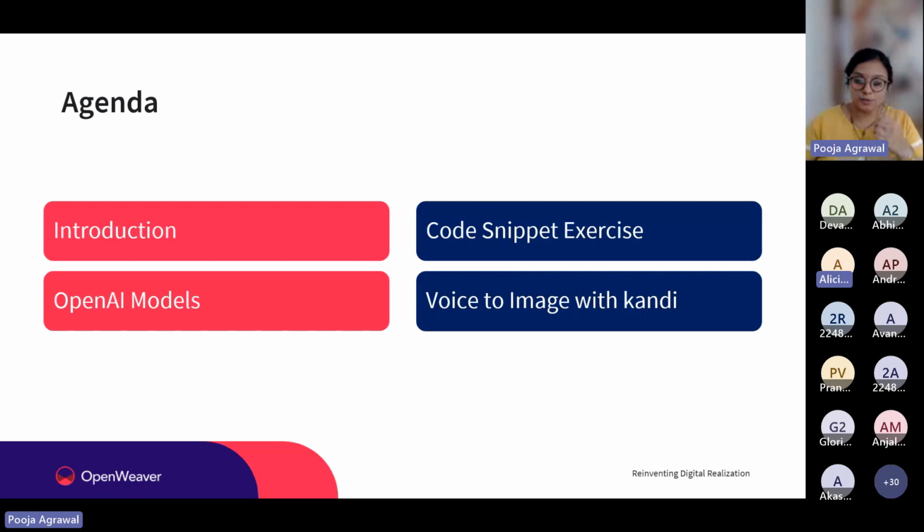All right. So we'll do a bit of introduction on what this is, what I try to do with my speech, with my voice. I try to generate an image, and then we'll discuss various OpenAI models. We will also do a code snippet exercise around how you can use Candy to simplify working on exercises that we provide.